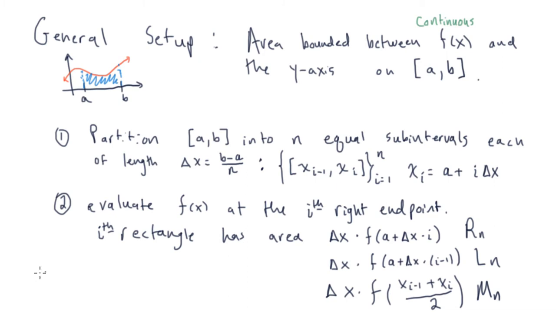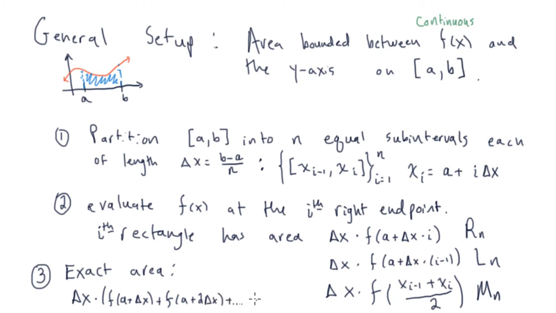So the final step to find exact area is just going to be delta x times f of a plus delta x, plus f of a plus 2 delta x, plus and so on, plus f of b.